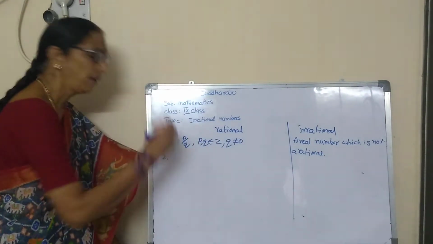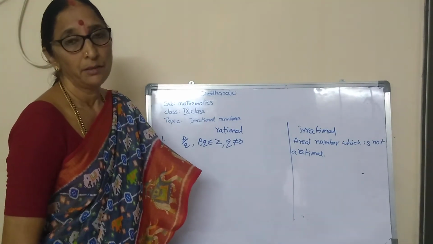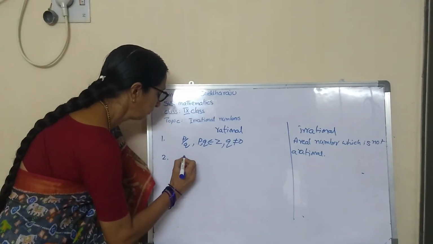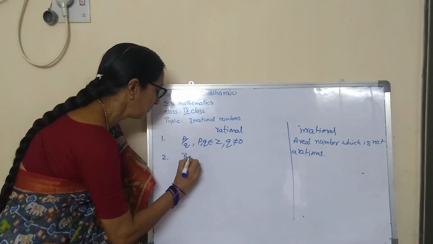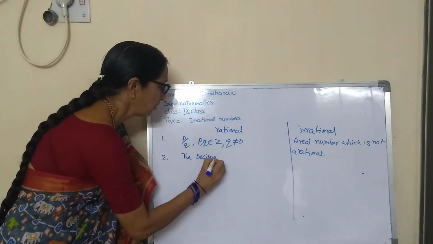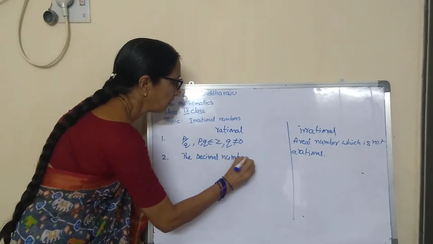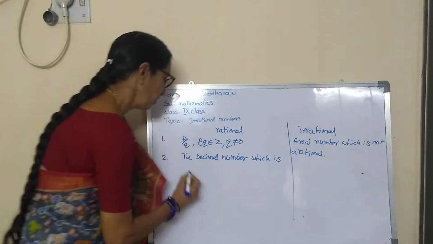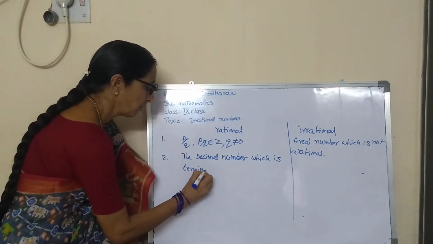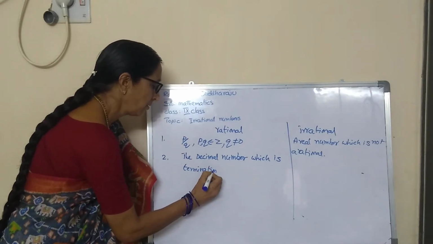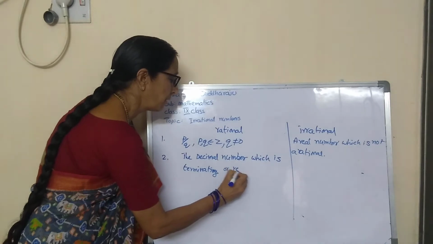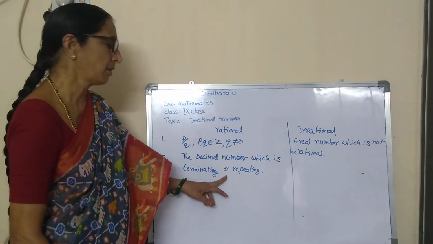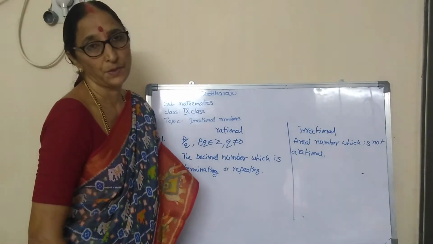Next, according to decimals, terminating or repeating decimals are rational numbers.